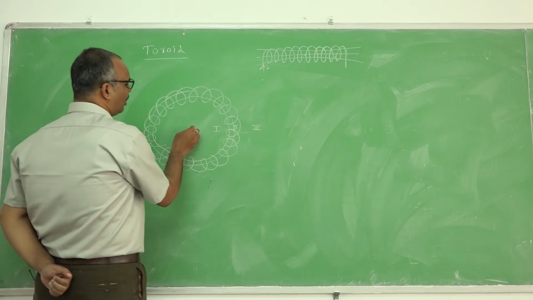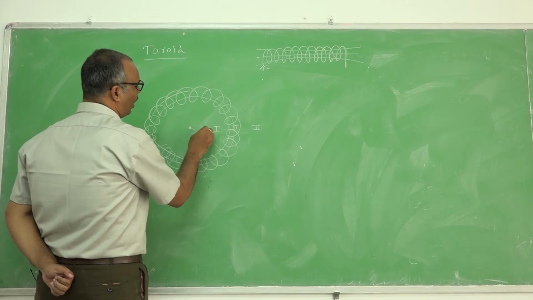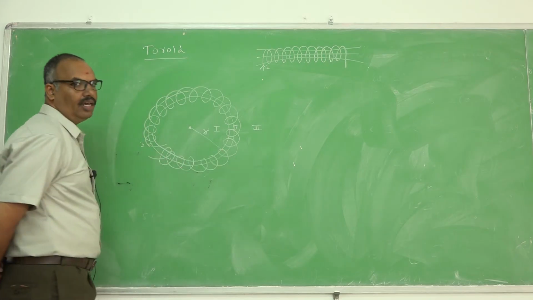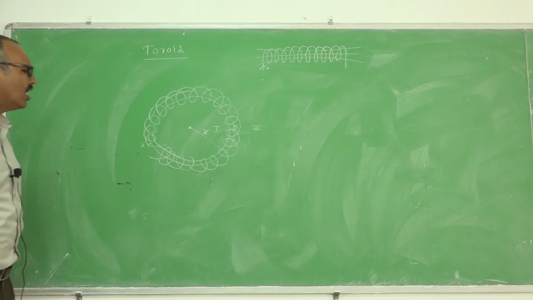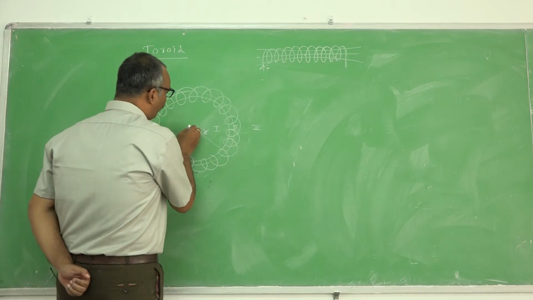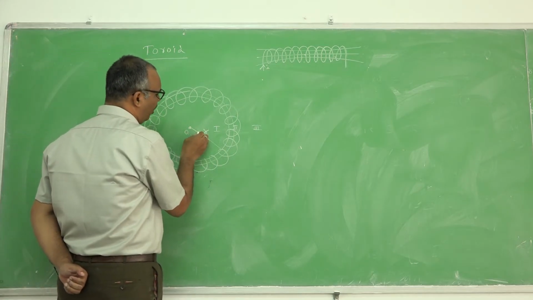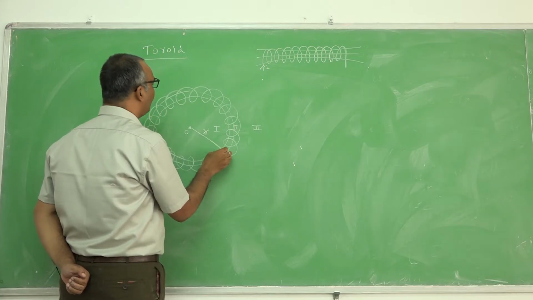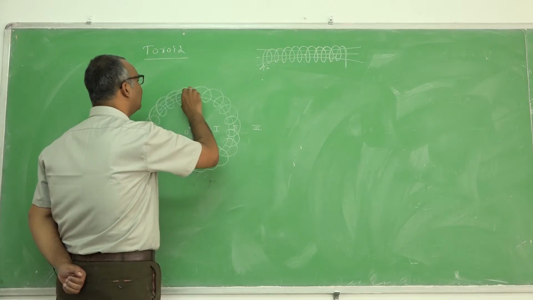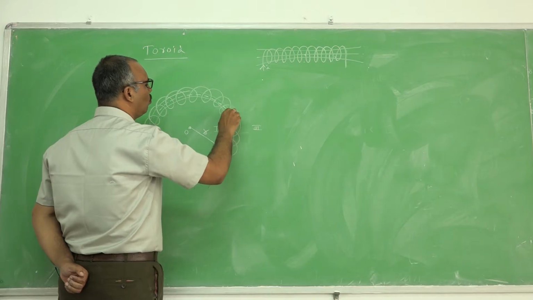Let R be the radius of this toroid. At a distance R from the center of the toroid, let me imagine an Amperian loop like this. This dotted line is indicating the Amperian loop.